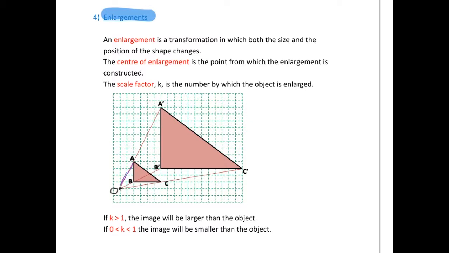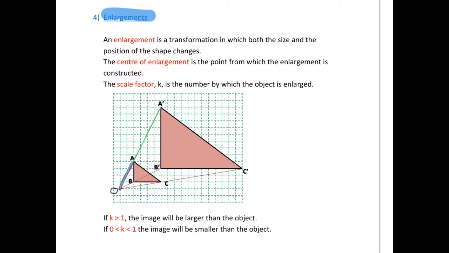If we measure the distance from A to our center of enlargement O, then we multiply that distance by our scale factor and then extend this line and measure that new distance.